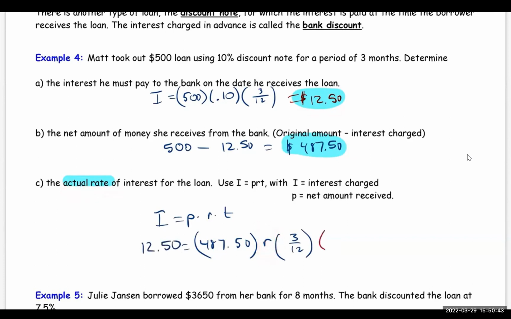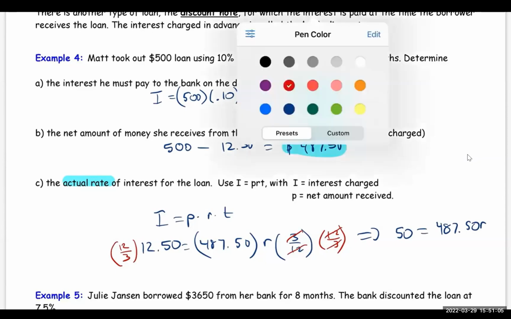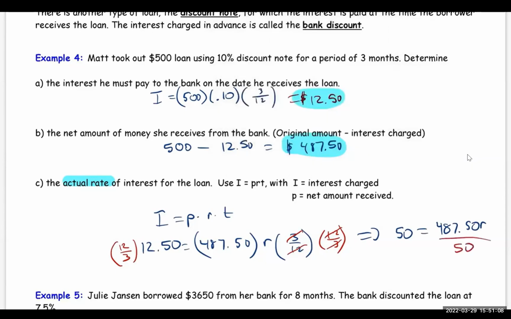So I would multiply both sides by the reciprocal, which is 12 thirds, which is actually just 4. So if you multiply by 4, 12.50 times 4 is 50. You should get 50 equals 487.50 R. Then you would divide both sides of the equation by 487 and 50 cents.